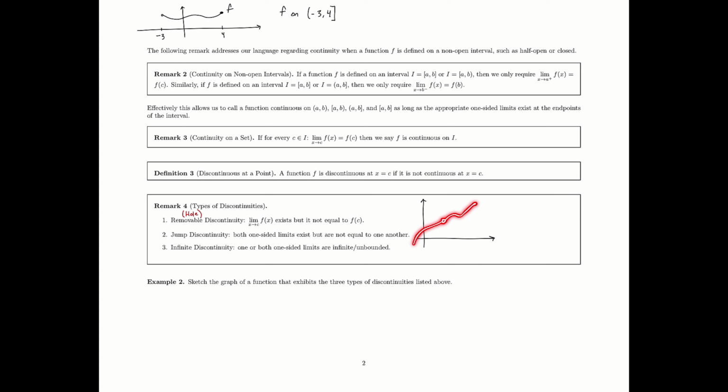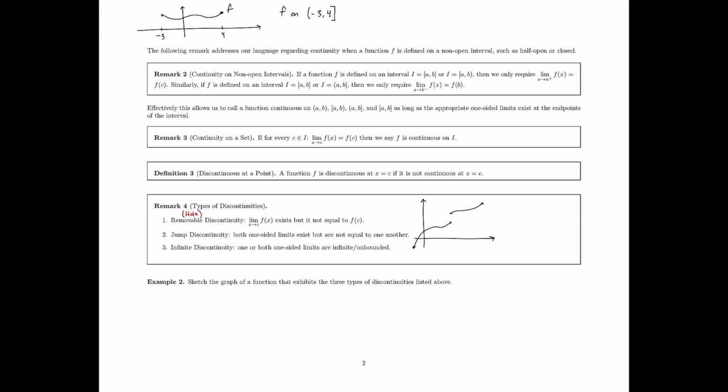So here they can't be equal to one another. So what this effectively means is if the left and right-hand limits exist but they're not equal, that means there is some sort of gap or a jump. There's some sort of measurable distance between the two of them.